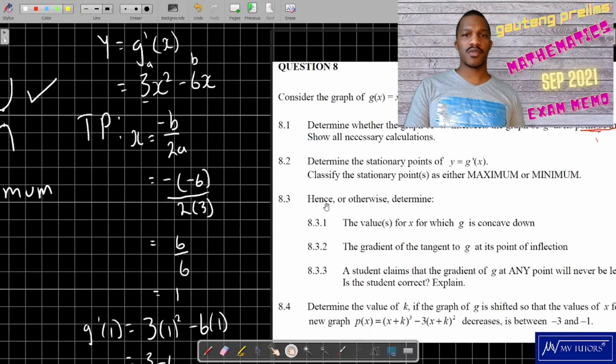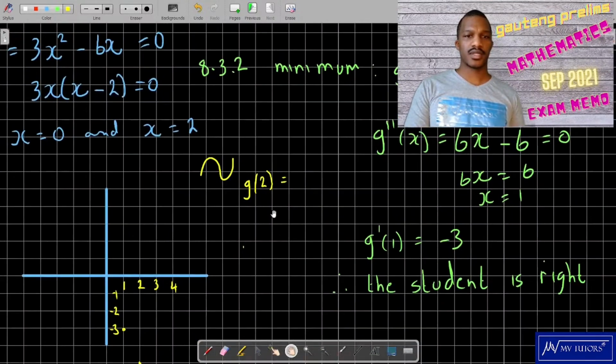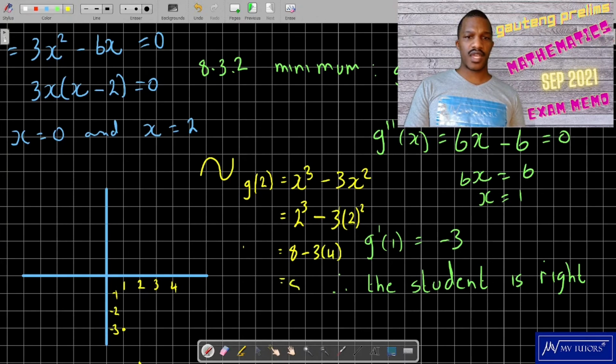It is x cubed minus 3x squared. So if I substitute 2 there, it's going to be 2 cubed minus 3 times 2 squared, which will give me 8 minus 3 times 4, which will give me 8 minus 12.